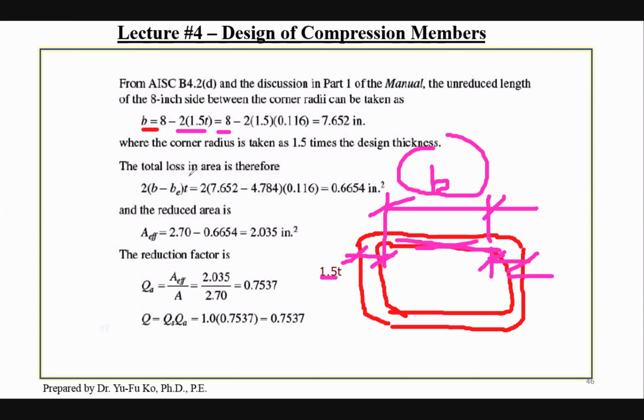So, with that being defined, your total loss in area due to local buckling is B minus BE times t, times 2, because you got 2 pieces of slender stiffened elements here and here. So your total loss of area due to local buckling is 0.6654 inch squared.